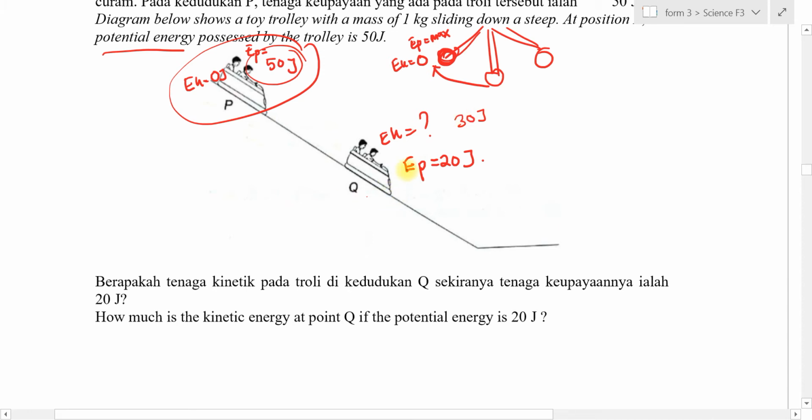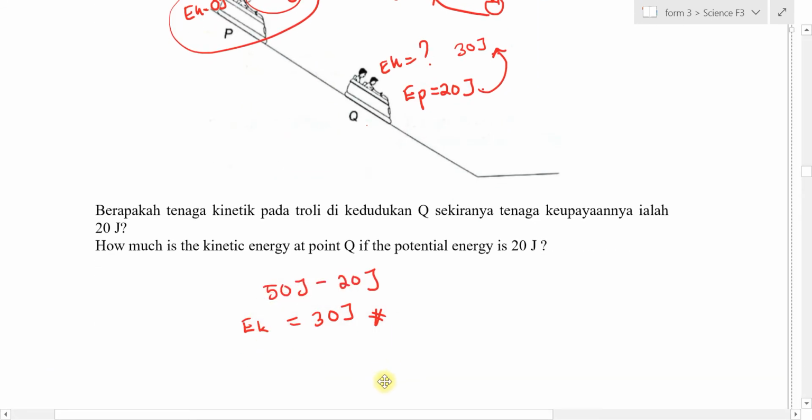Okay, it will be transferred from one form to another form. So the potential energy lost by the trolley is gained by the kinetic energy. Okay, so simply take your 50 joule, minus the 20 joule, so you're getting 30 joule of kinetic energy. Okay, 30 joule of kinetic energy.